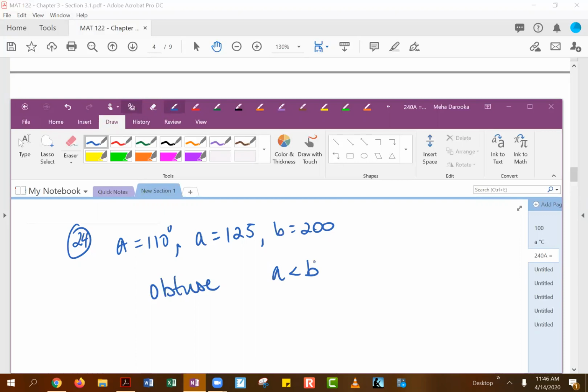So you actually have no calculation to even worry about here because the value of A is less than B. If you think of this as an obtuse triangle, this is our angle A, then the side opposite to A has to be longer than B. But if this side is smaller, then it's not even going all the way to the edge of that triangle.